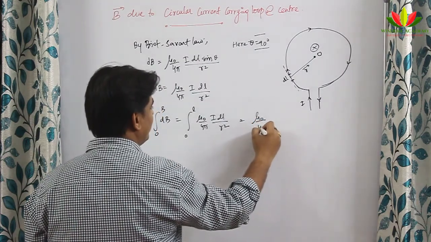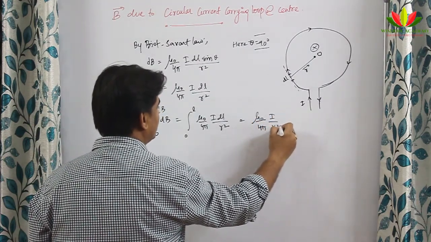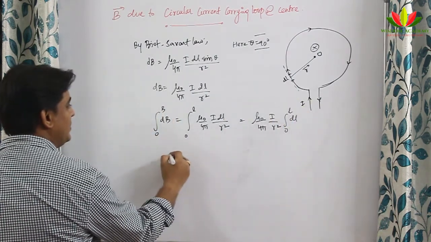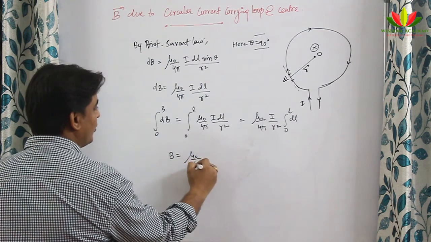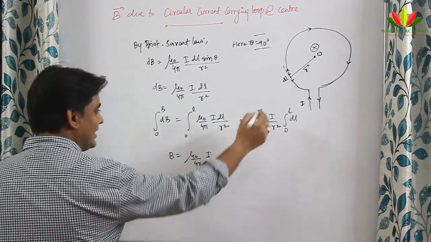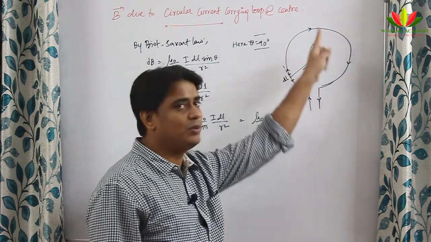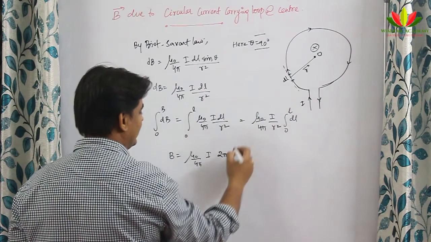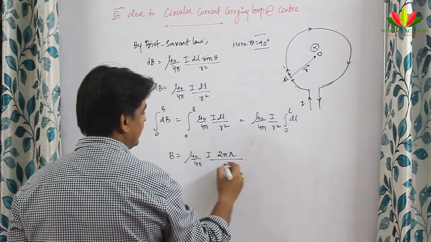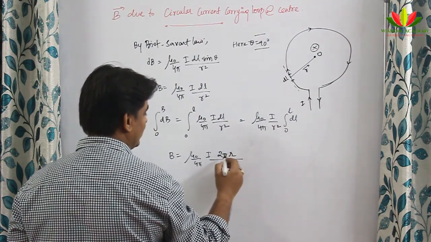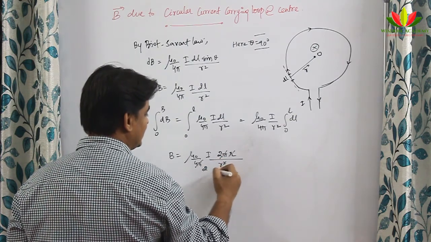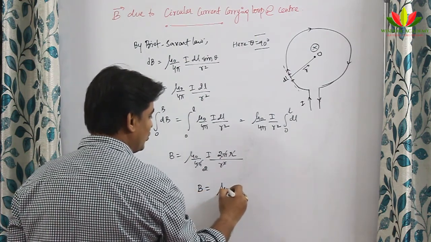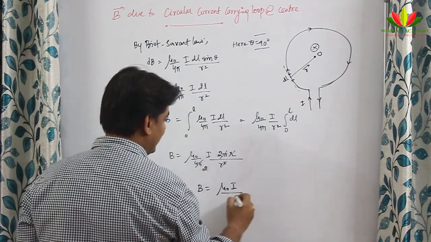It is mu naught by 4 pi I by r square, integration of dl from 0 to L. So I will get B is equal to mu naught by 4 pi I into L, what is L? What is the length of this loop? Isn't it 2 pi r? It is the circumference, that is 2 into pi into r, divided by r square. So here 2 pi by 4 pi becomes 1 by 2, and r gets cancelled. So I get the magnetic field at the center of the current carrying loop as mu naught I by 2r.